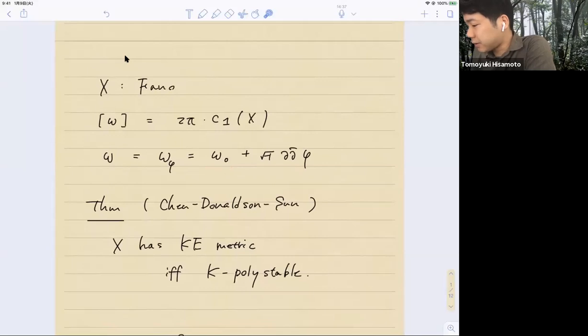Throughout this talk I fix this notation.